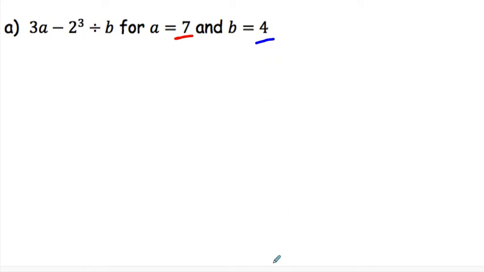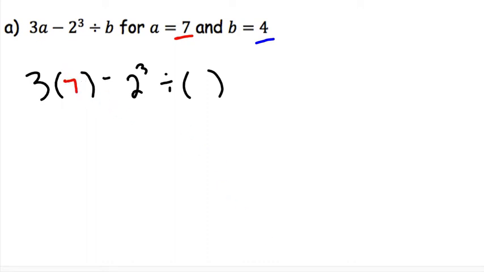All right, so I have 3 times a minus 2 cubed divided by b. So let me fill in the numbers here. So a is 7, and then b was 4.